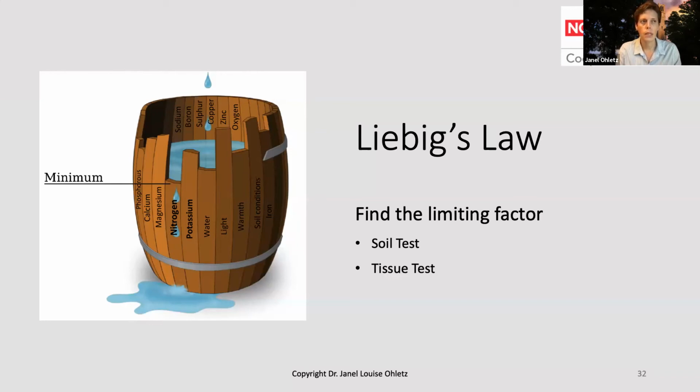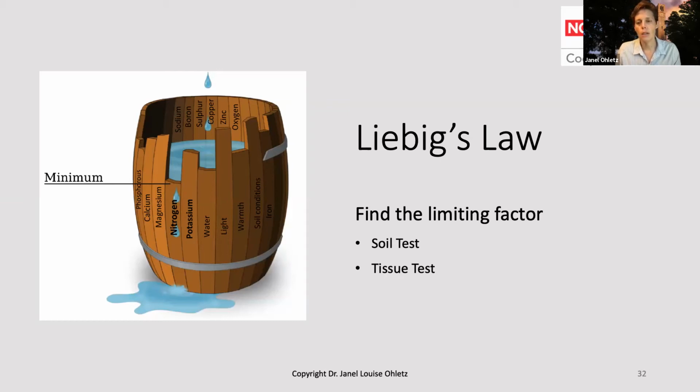So if you take a soil test and it tells you your potassium is low, let's just say, and you think, all right, all I have to do is add potassium and I'll fix the problem. But you have to ensure that you have checked the boxes of other things. What is the temperature out? Is the soil moist? Were there factors for that potassium to be taken up, perhaps?